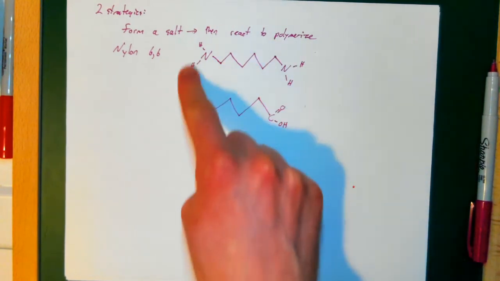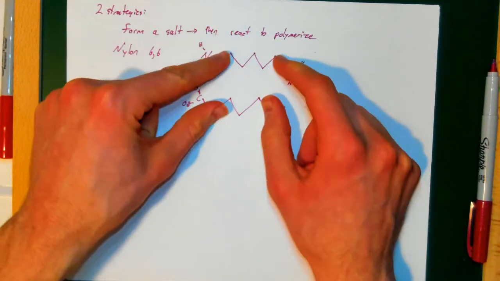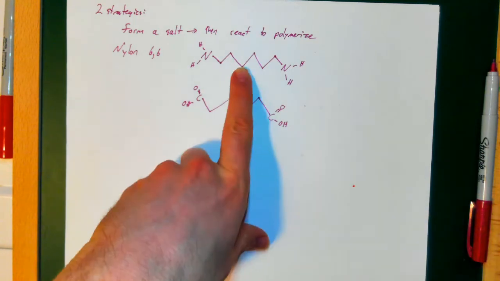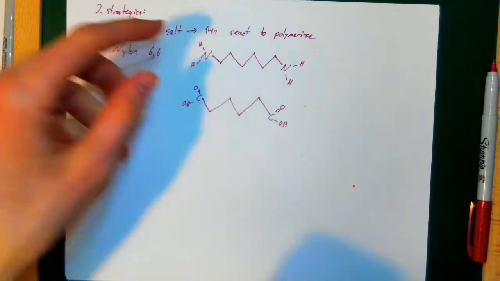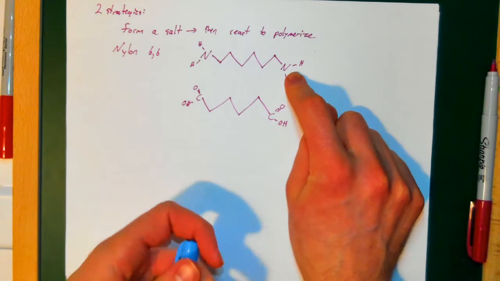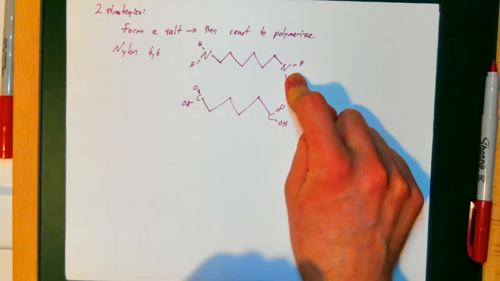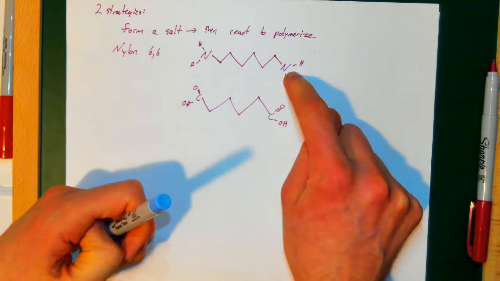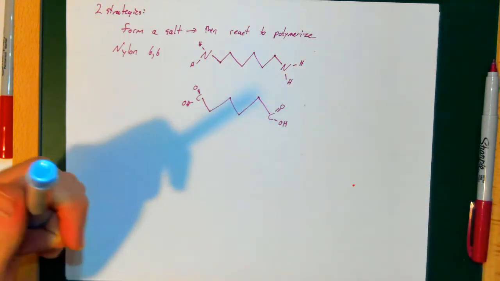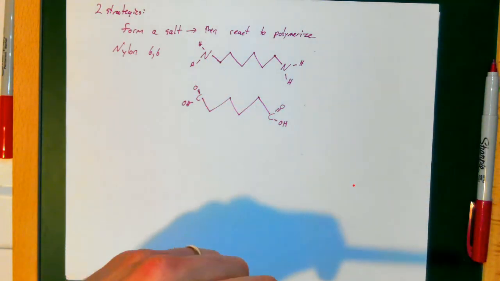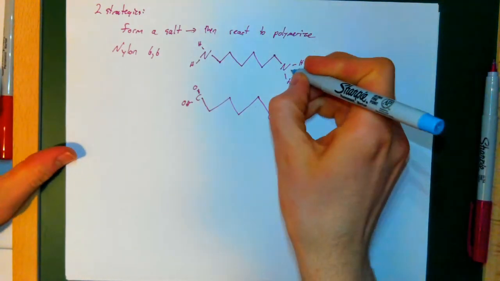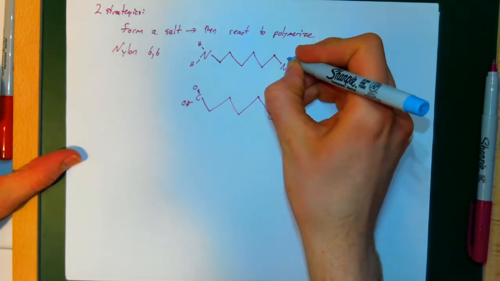Well, it turns out that if you just dump these in water or whatever, they wouldn't necessarily just react spontaneously. Rather, this amine group reacts with water, and this acts like a base, i.e., it grabs onto an H plus. So an H plus from the water grabs onto this, and this becomes NH3 plus.